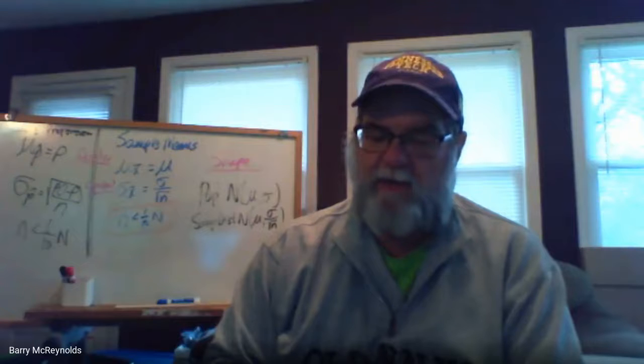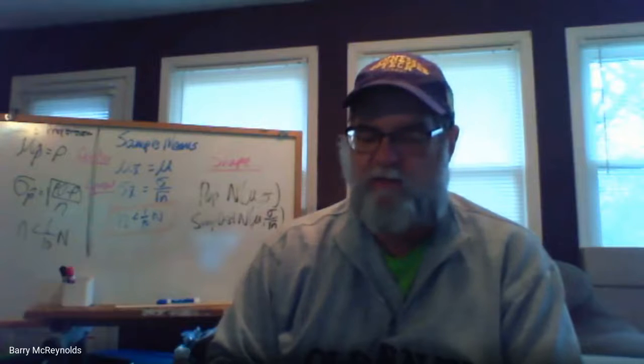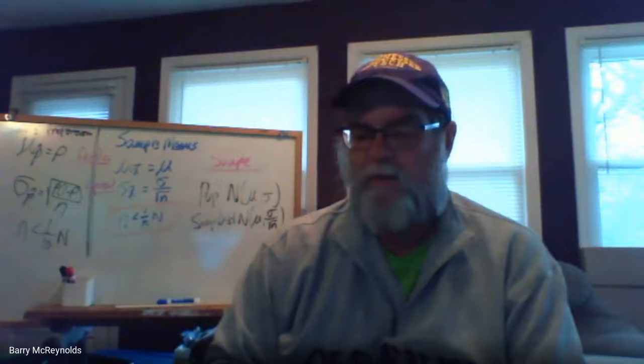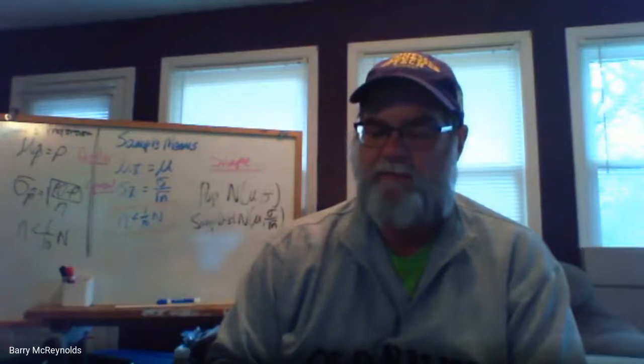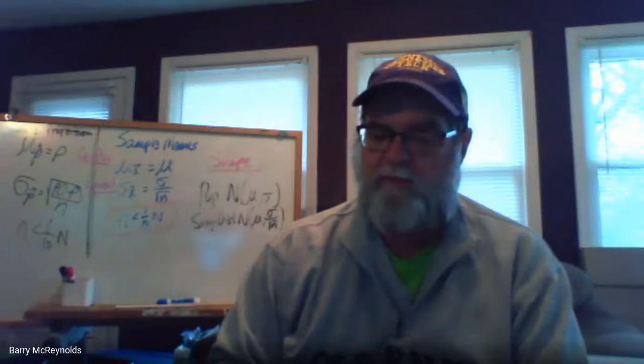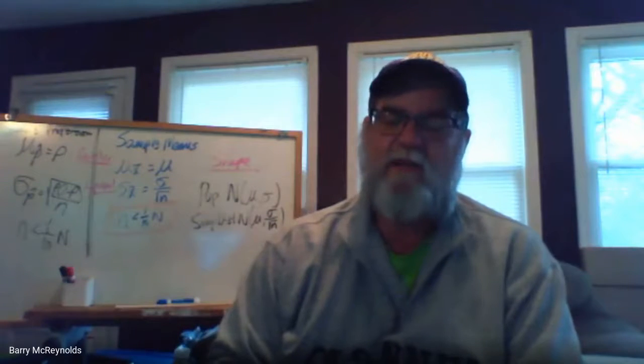And then from table A, the probability that z is greater than 0.8 is the same thing as 1 minus the probability of z less than 0.8. So that's 1 minus 0.788. That gives us a probability of about 21%.